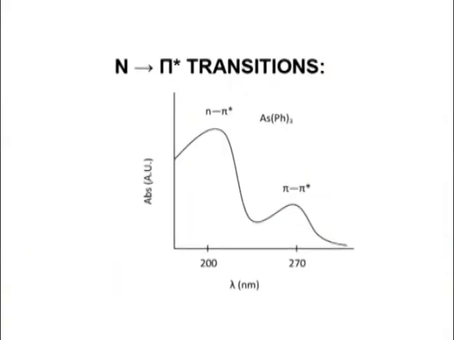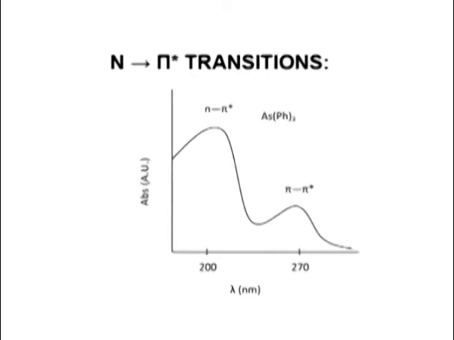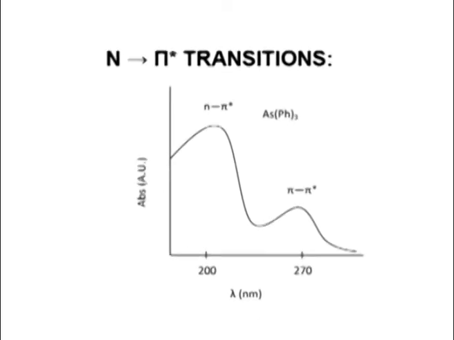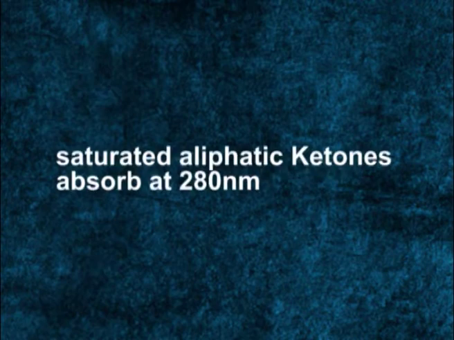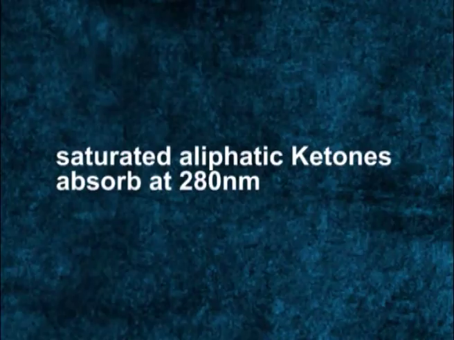Unsaturated compounds containing atoms with lone pairs, that is non-bonding electrons, show this transition. For n to pi star transitions, the molar absorptivities are relatively low, that is 10 to 1000 liter mole inverse centimeter inverse. For example, saturated aliphatic ketones absorb at 280 nanometer.